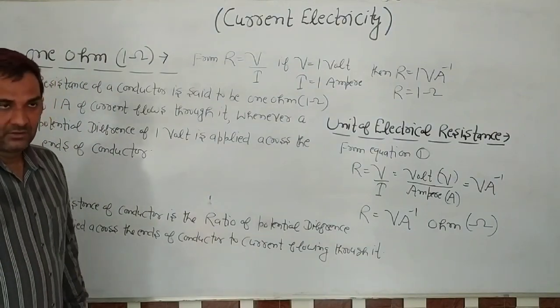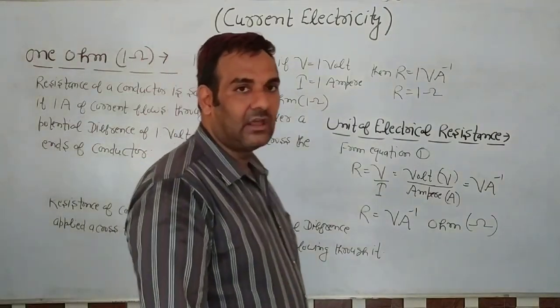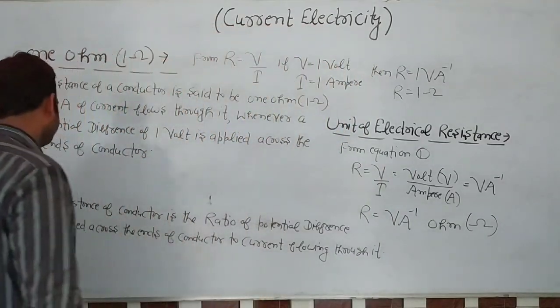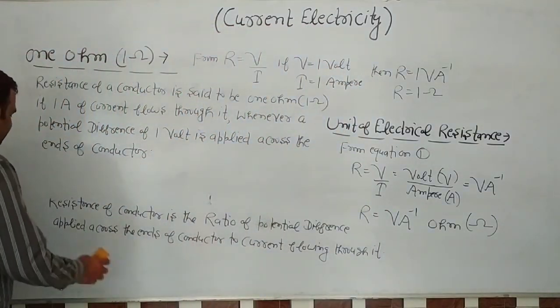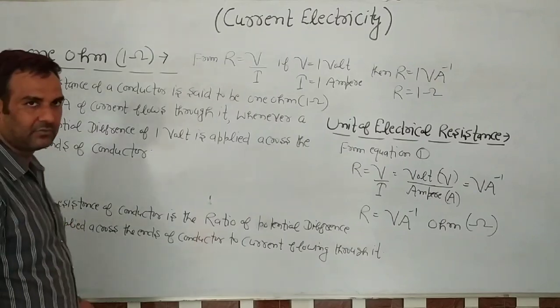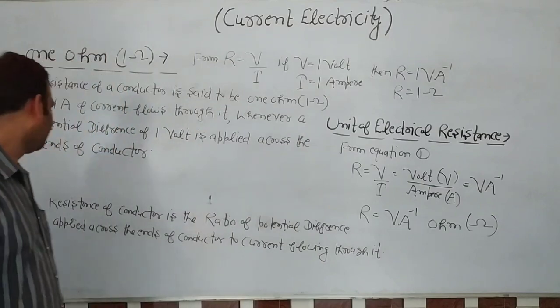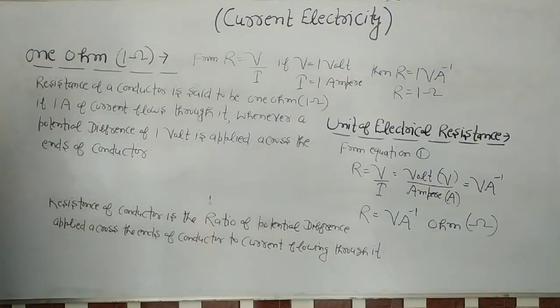Clear bete? Now we have to discuss the dimensional formula for electrical resistance. Resistance of a conductor is the ratio of potential difference applied across the conductor to current flow through it.